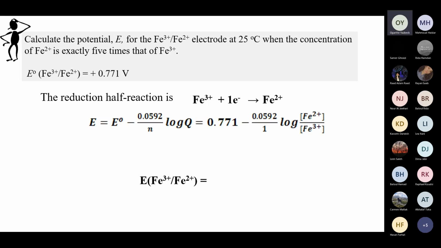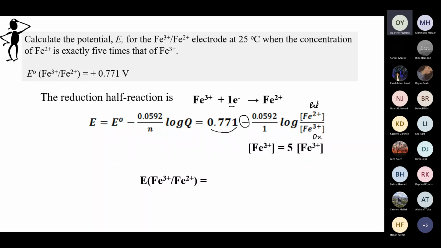We know that E equals E naught minus 0.0592 log of Q. E naught is 0.771 minus 0.0592 divided by 1 log of products over reactants, or reductant over oxidant, because I have a negative here: Fe2+ over Fe3+. What did we have? Fe2+ is 5 times bigger than Fe3+.